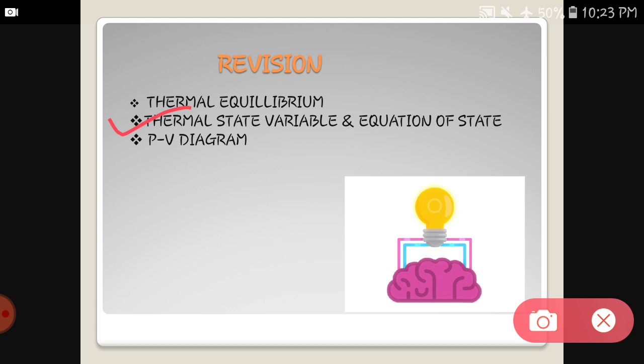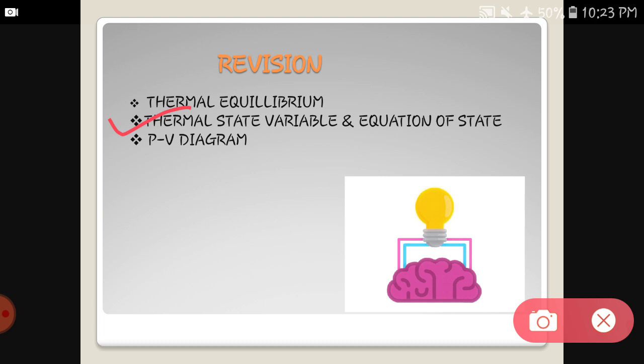These variables are actually of 2 types. Some of them don't depend on size, and some of them depend on size. So the 2 types of variables are intensive and extensive. We call a variable intensive when it does not depend on the size of the system.